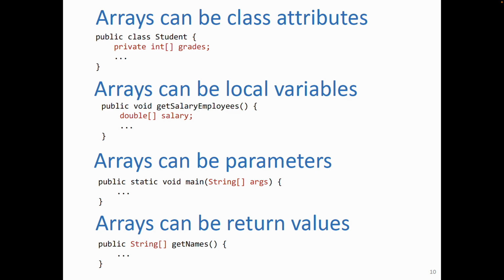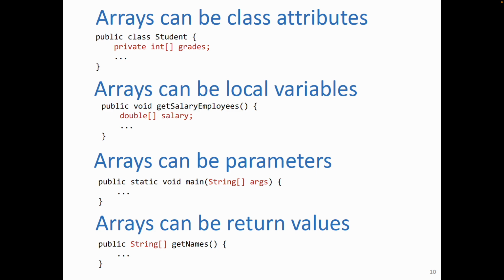And well, arrays can be used in many ways. Like they can be attributes, so I can use them as an attribute in an object. Like for a student, for instance, maybe he has taken many courses, and for each course he has grades. So I might want to put grades, arrays of grades.